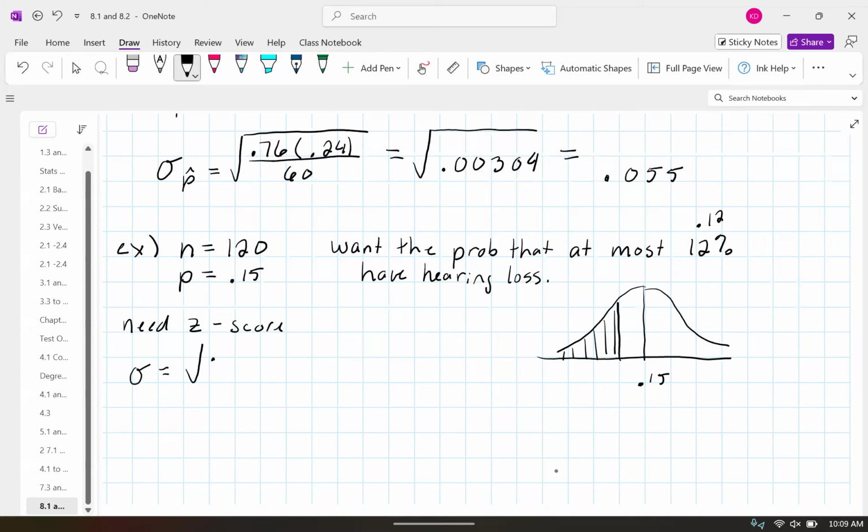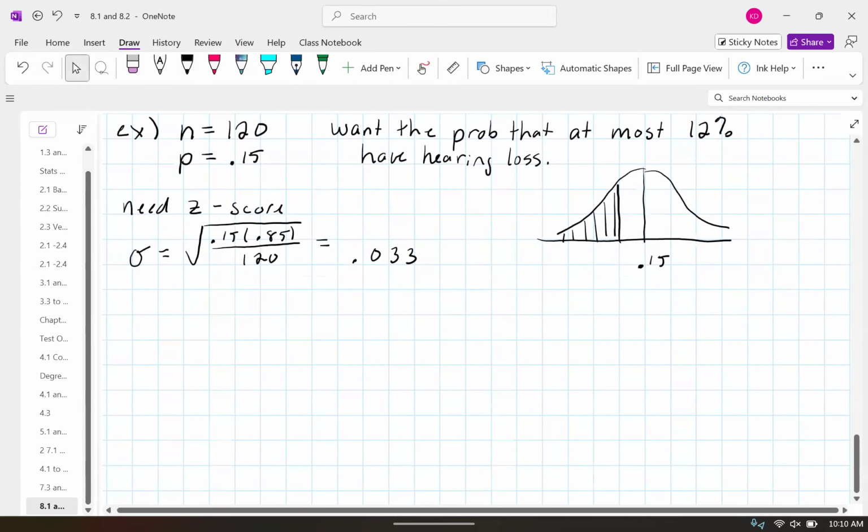Our actual p, which is 0.15, times 1 minus p, 0.85, all over our sample size, 120. Throw that in my calculator, and I get about 0.033.